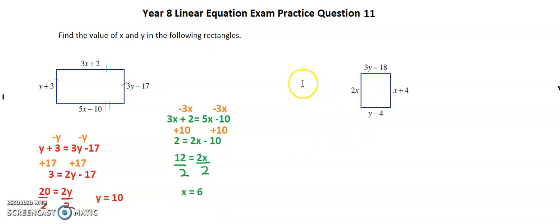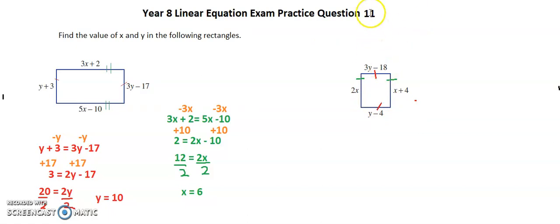Now the same thing applies with our next part of the question. We know our sides are the same, so we know that 2x is the same length as x plus 4. And I also know that 3y minus 18 is the same as y minus 4.